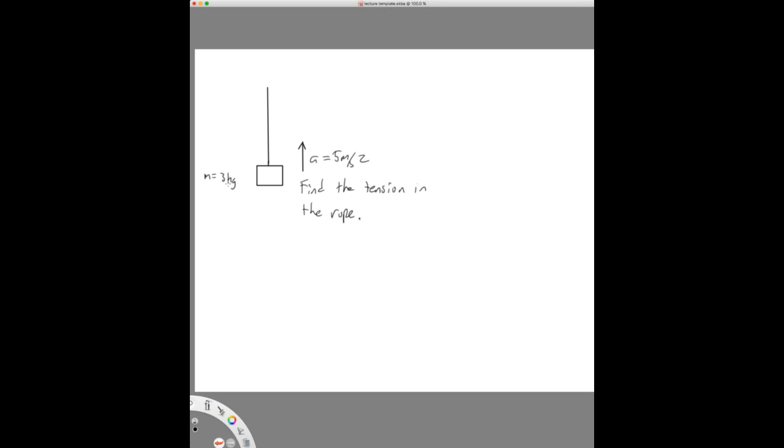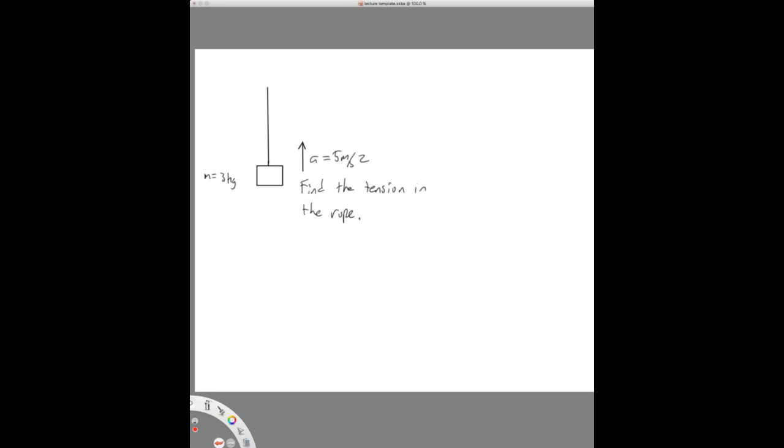So the idea here is that instead of adding up the forces to find the acceleration, we add up the forces which add up to a known acceleration that will allow us to find an unknown force. But the steps are basically the same. The first step is we have to draw in all of the forces.